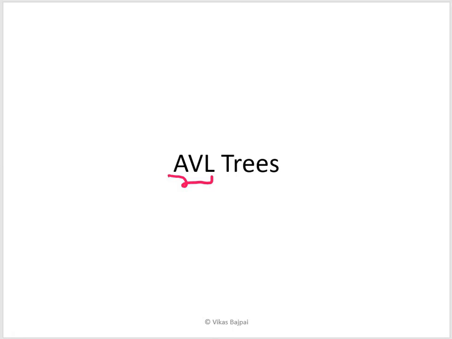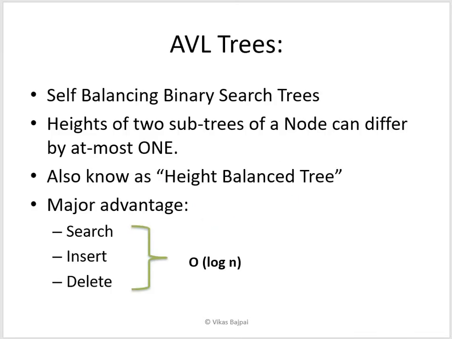Now there are some properties of it, and we'll see how this particular AVL tree is better than your BST. To start with, these are some of the basic properties of AVL tree.